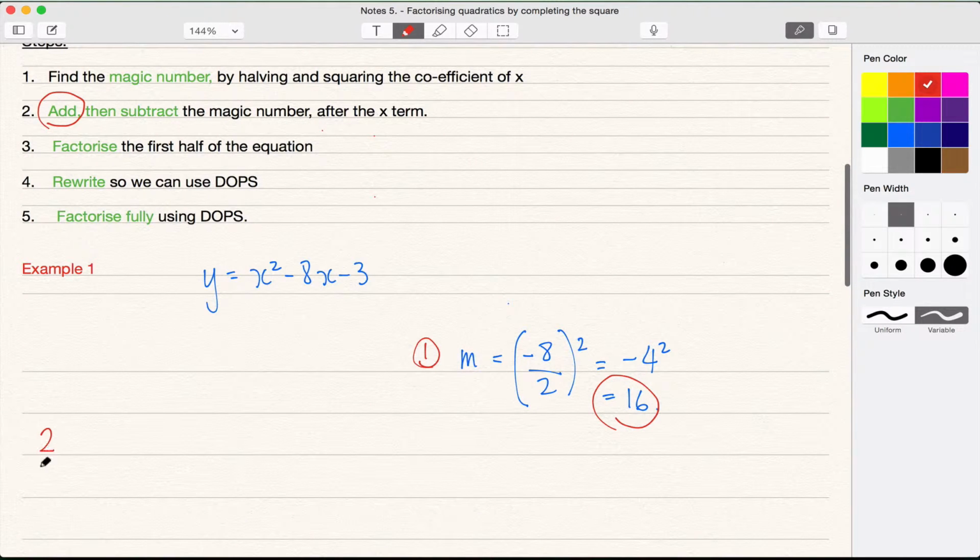Step number 2 is to add then subtract the magic number after the x term. I'll show you why we can do this.